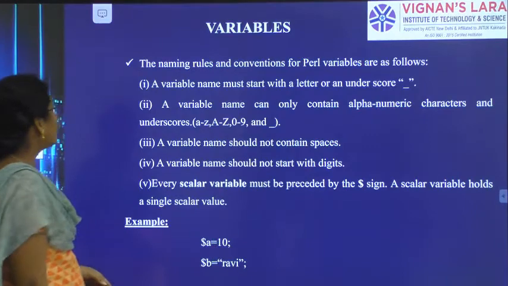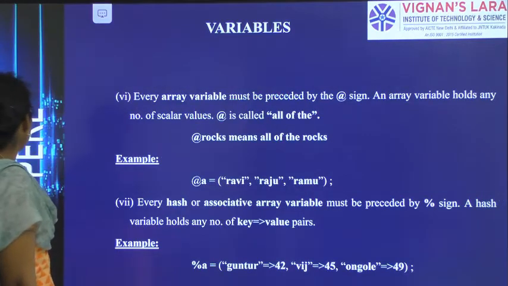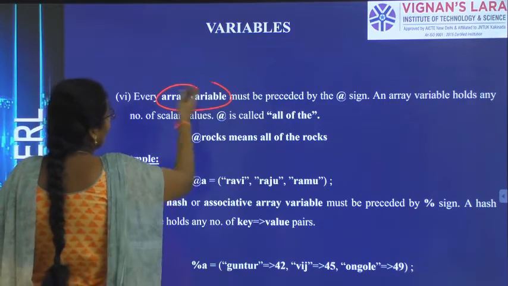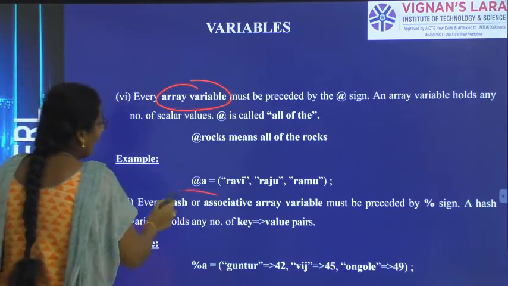Let us see. Variables are of different types. The first one is scalar variable, the second one is array variable, and we also have hash variable.